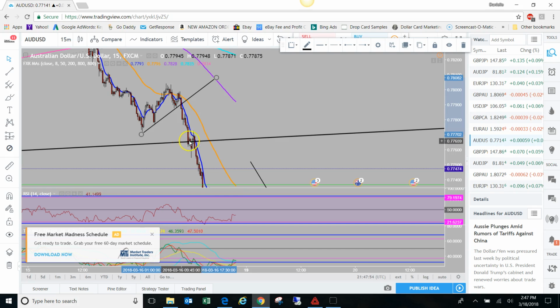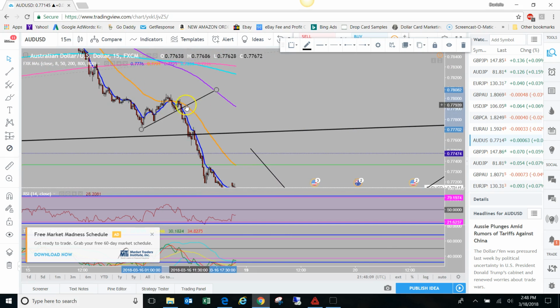Now, the daily trend line. And then you can wait to see how price reacts to this daily trend line. As you can see, it did break it. It pulled back, so it did actually give a retest. And then it just dropped.